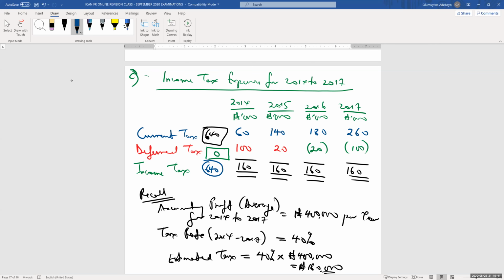And in that case, I'm supposed to recognize 160, but the law says pay 140. What then will I do? I'll pay 140, but still come back home to recognize that 20 I'm still owing, because the government will come back at a later date to demand for it. Therefore, I also make another provision of what? 20. Which means cumulative provision I've made in 2 years is now what? 120.